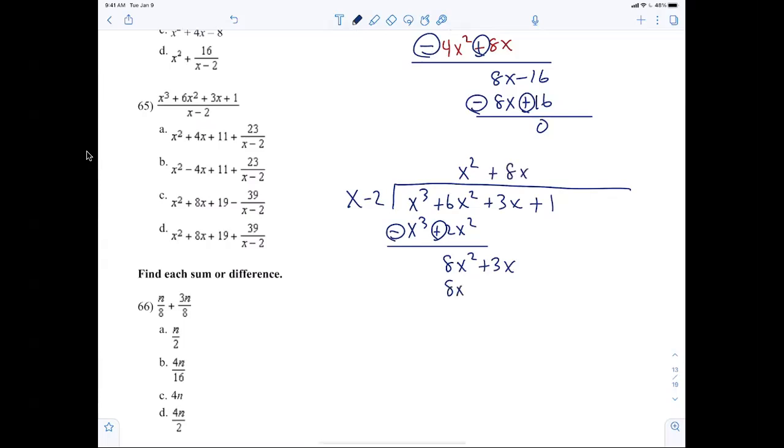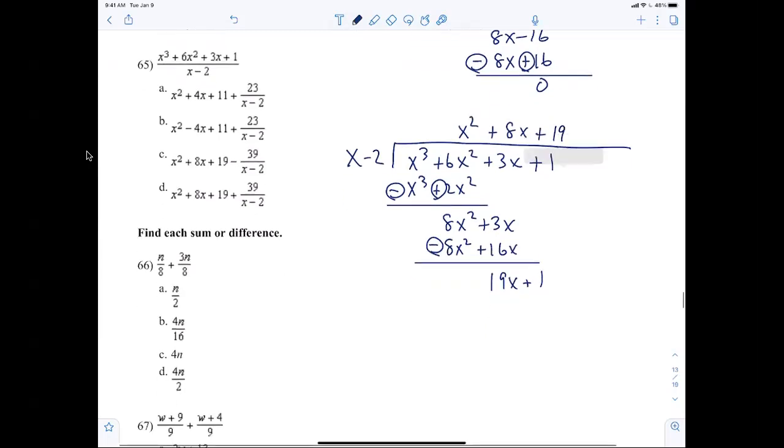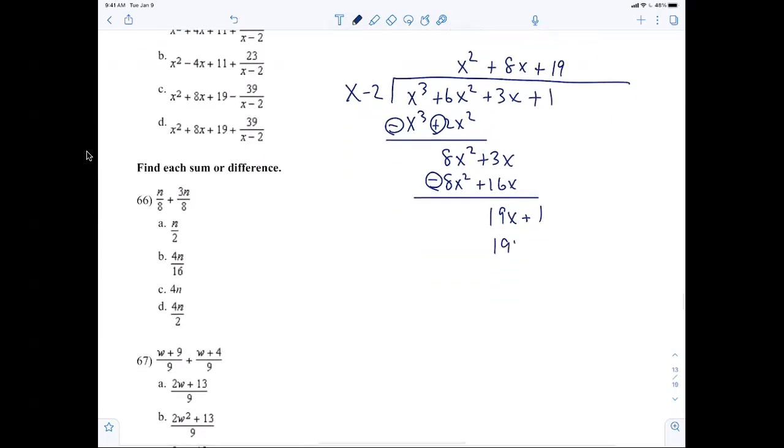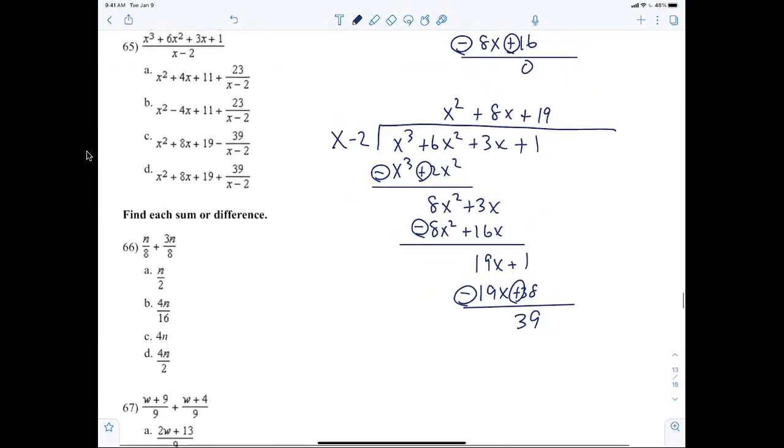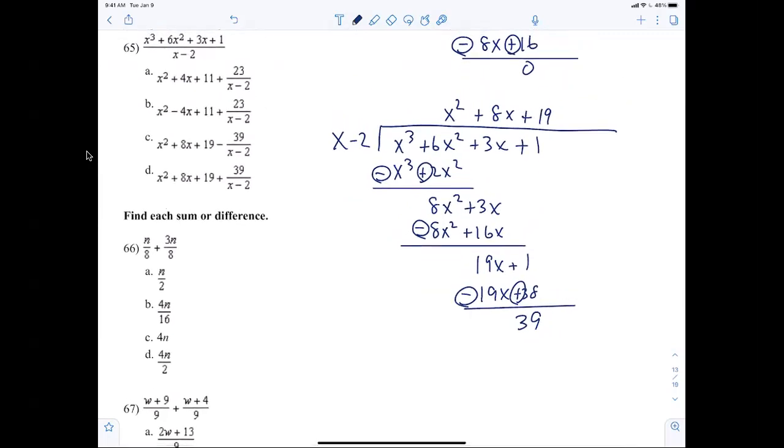Minus 8x minus 16. You change signs, so it's 19x. 19x plus 1, so they just multiply by 19, you get 19x minus 38. I change signs, so that's just 39. So it's x squared plus 8x plus 19, and 39 over x minus 1, plus 19.